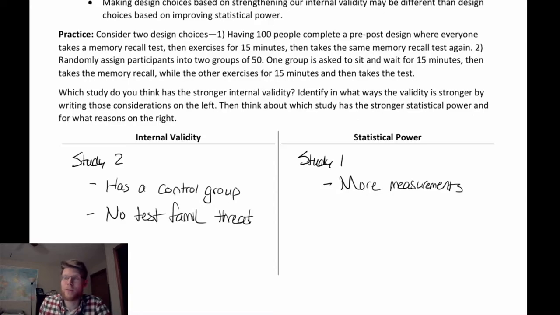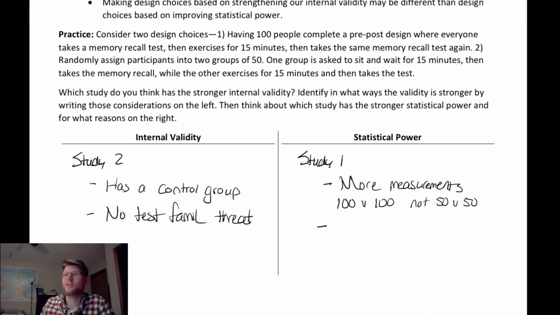Everybody is doing the exercise and contributing results. So now what I have is 100 pre-results and 100 post-results, whereas in study 2, I only have 50 of each. So 100 versus 100, not 50 versus 50. But at the same time, that does improve my statistical power. I have twice as many measurements in study 1.